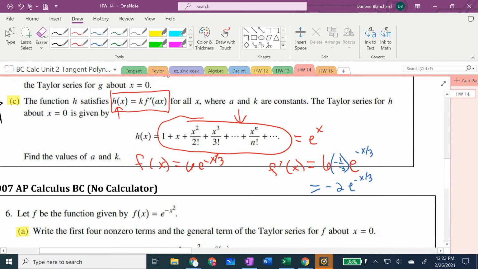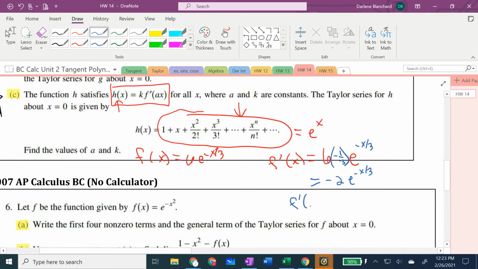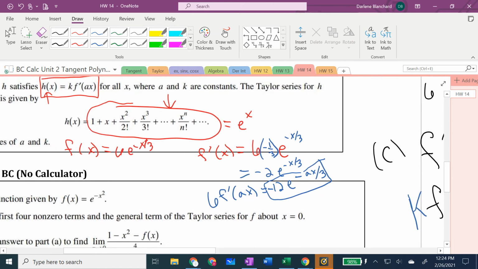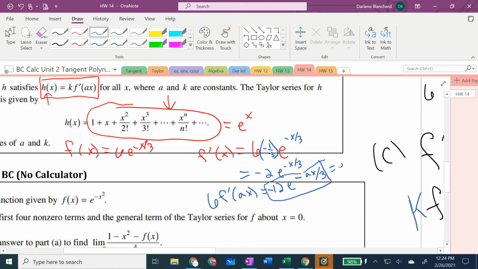And then plug the ax in. And then multiply by 6.